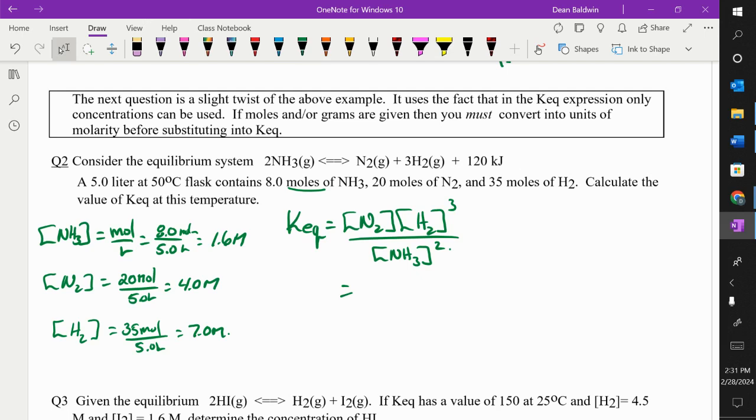So if you plug those in, you get 5.4 times 10 to the 2, ish, 540.